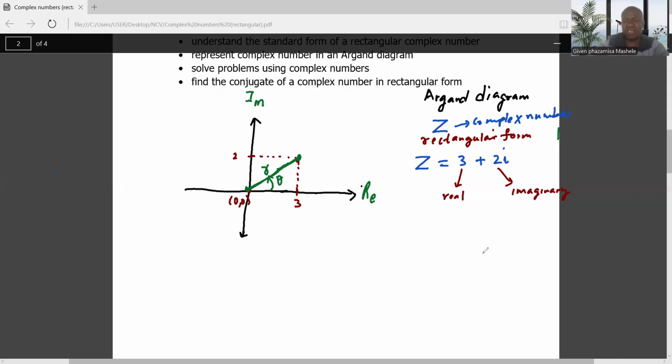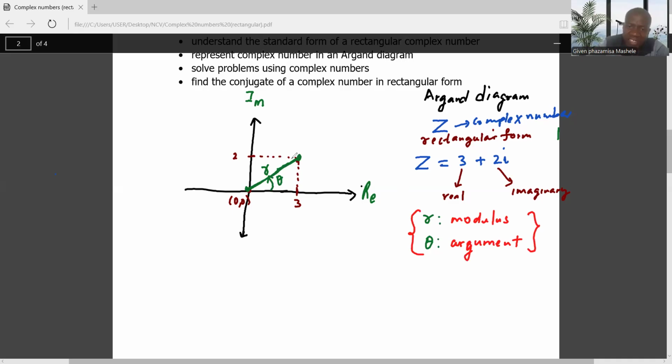The R here and the theta here, we'll talk about in the next part. The R is called the modulus, whereas the theta is called an argument. We can determine these by using any scientific calculator, but for now, I'm not going to address it. I just want to show you how to represent these on an Argand diagram.